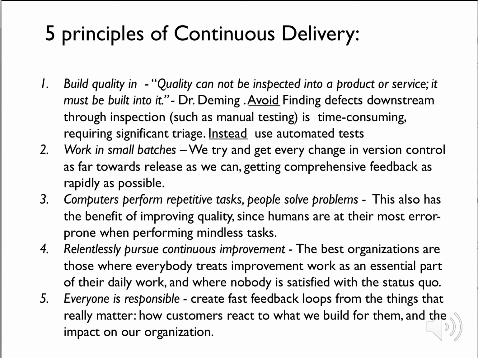Rather, we try to see how far we can go with every small check-in we do. Can we take it through the release process in a close to production kind of environment? Can we take this small check-in that we have done? That is the second principle.